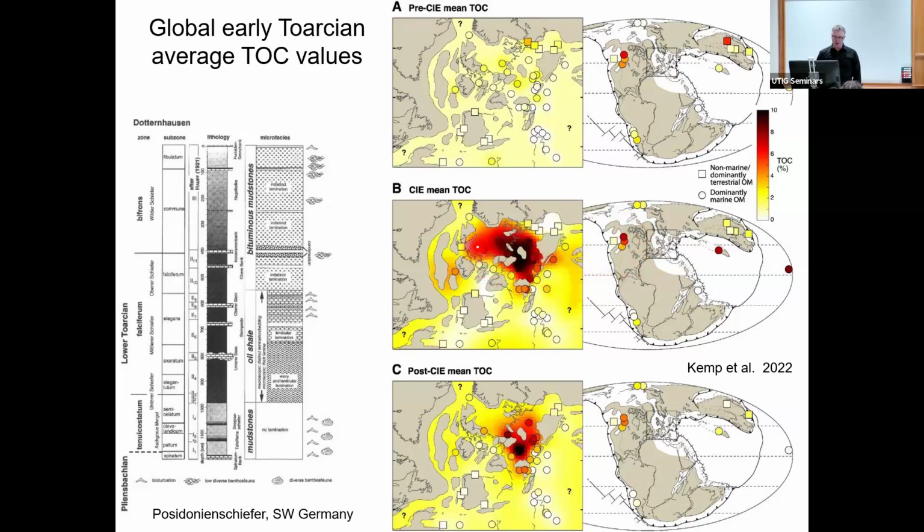So you'll see here that the total organic carbon contents, particularly in Northwest Europe, so we're talking about the UK here, northern and southern Germany and into France, TOC values in the rocks there get really high, up to 10 weight percent. After the carbon excursion here, you'll see that values really drop away in most places, but still in some places in Northwest Europe, there are still quite high TOC values.